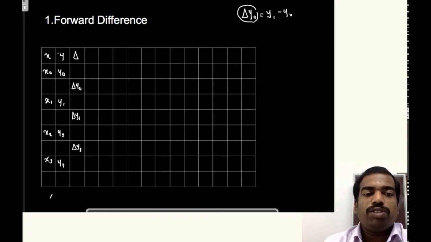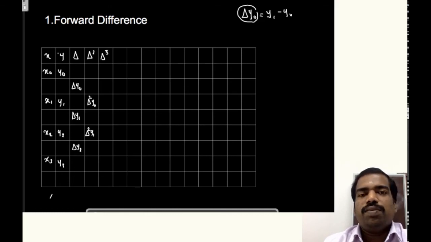So these are the first order differences. Similarly, you can construct second order differences, delta square. And we know the difference between delta y1 and delta y0 as delta square y0, and the difference between delta y2 and delta y1 as delta square y1. Similarly, you can construct the third order difference, delta cube.